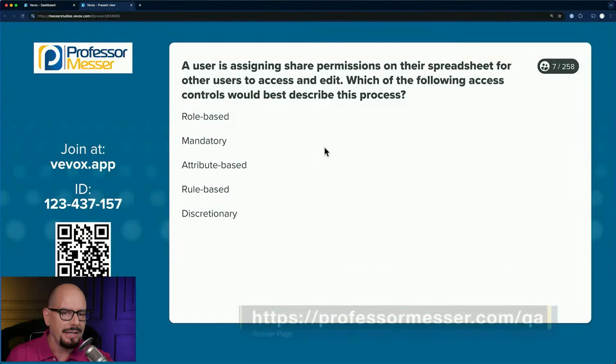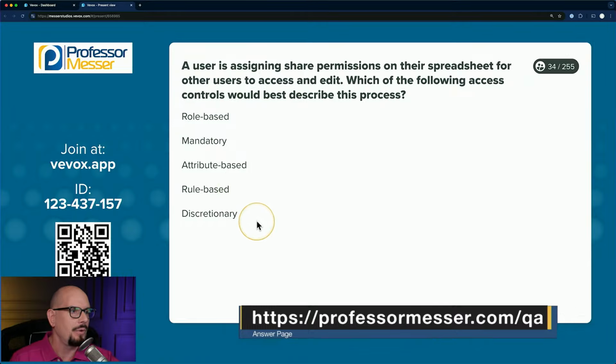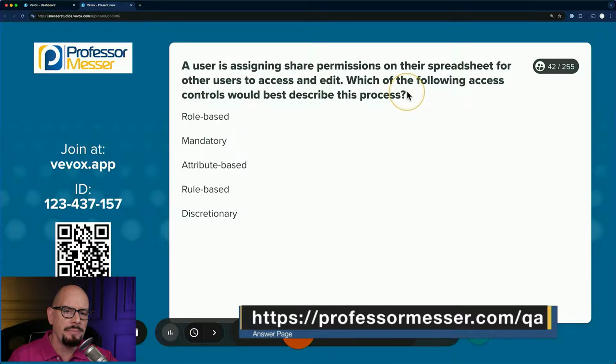Would it be role-based, mandatory, attribute-based, rule-based, or discretionary?